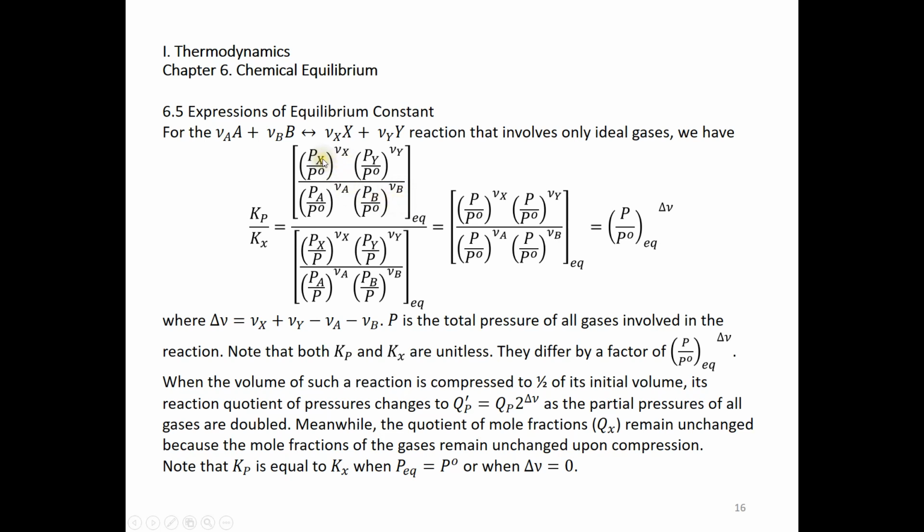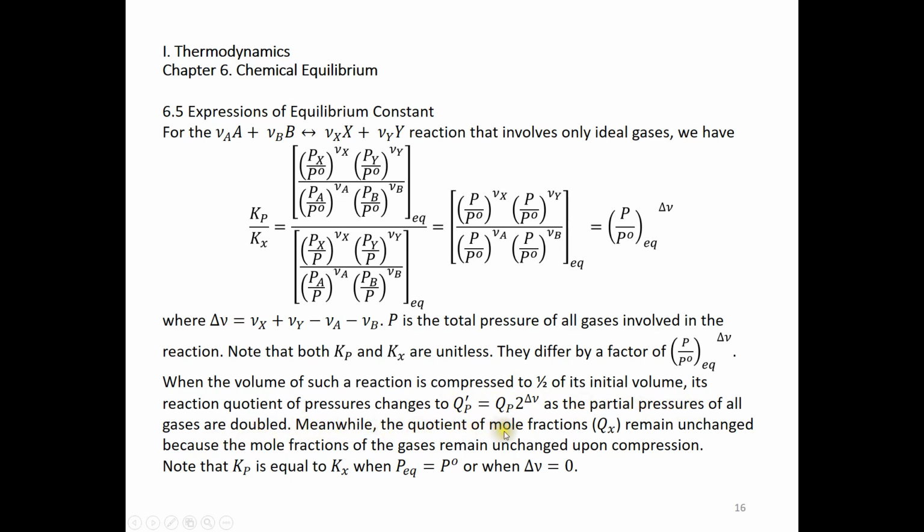So you're going to see 2 to the power of nu sub x, 2 to the power of nu sub y, and then 2 to the power of nu sub a, 2 to the power of nu sub b on the bottom. That's why we have the new reaction quotient of pressures being changed to this. This is the initial reaction quotient of pressures times 2 to the power of delta nu. Again, the partial pressures of all gases are doubled.